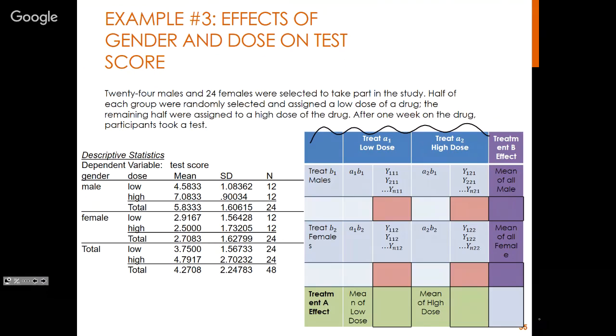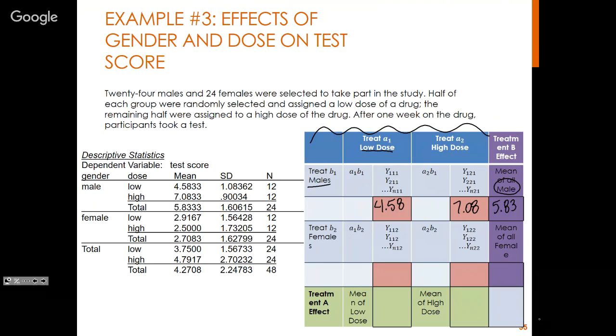So what is the low dose male? 4.58. What is the male high dose? 7.08. And what is the overall male mean? 5.833. Good, 5.833.